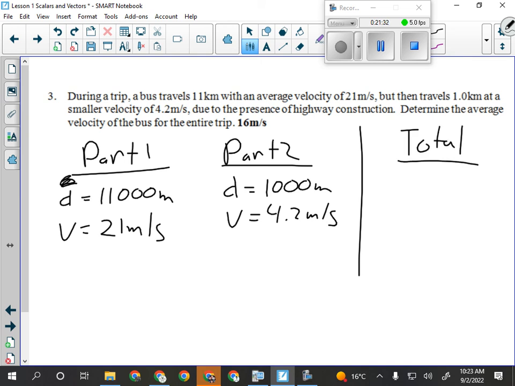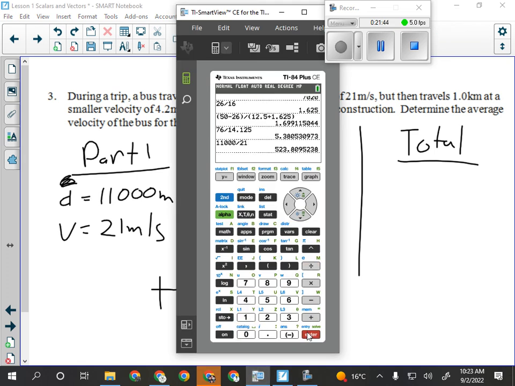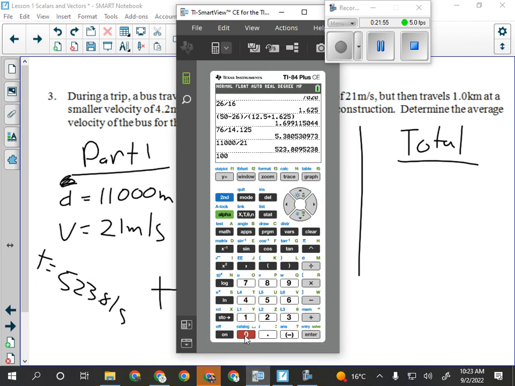In order to get time, I just manipulate t equals d over v. So for part 1, that'll be 11,000 over 21, so that's 523.81. And for part 2, 1,000 divided by 4.2 is 238.10.